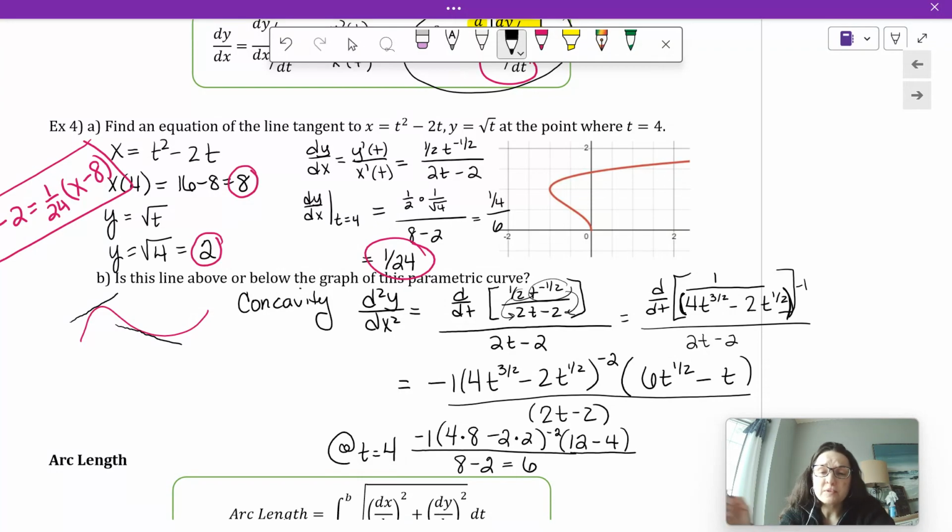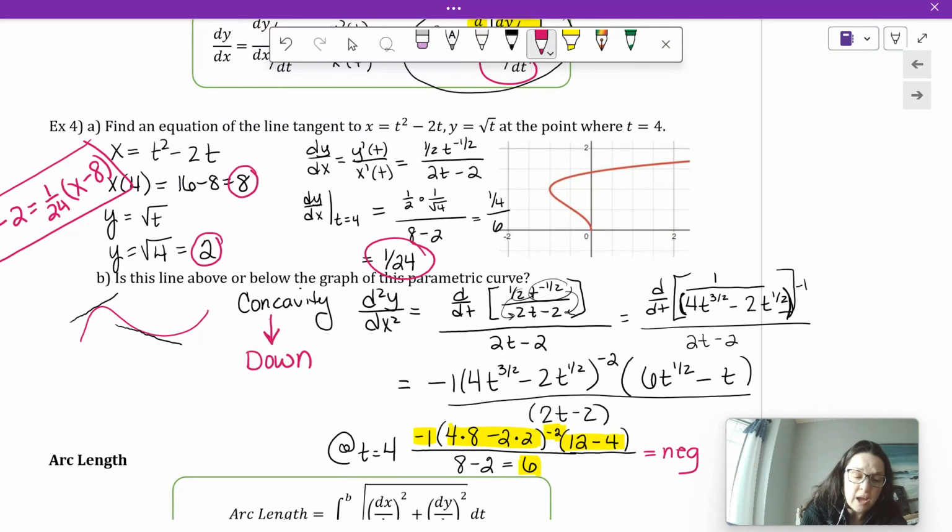All I really care about is if this is concave up or down, so I have a negative times a positive, raised to the -2 is still positive, times a positive divided by a positive. This whole thing is going to be negative, which means this concavity is concave down, so the tangent line is above the graph.